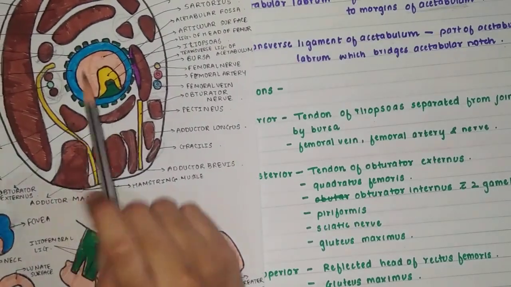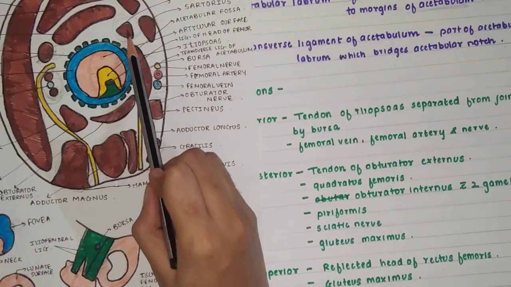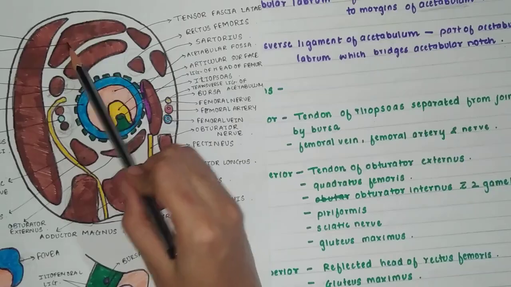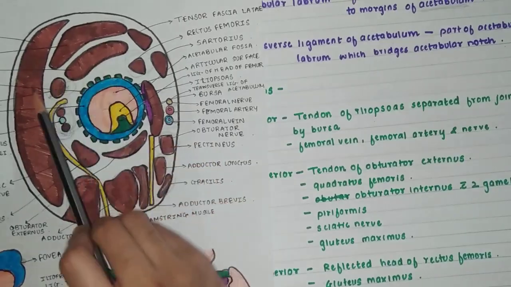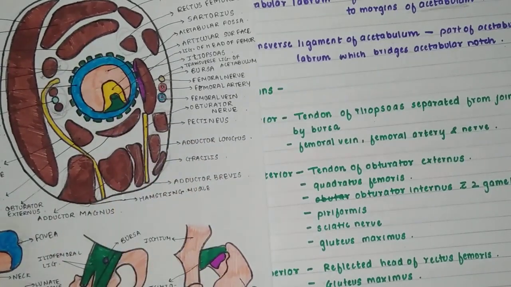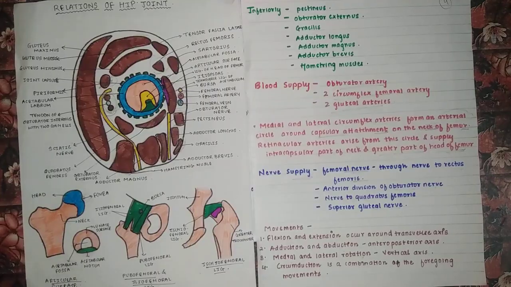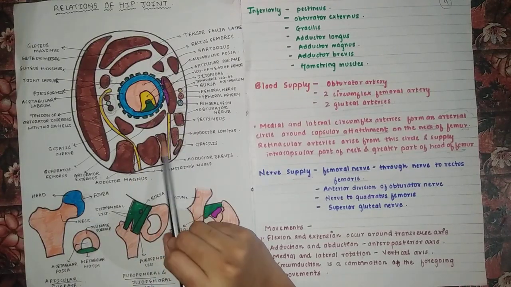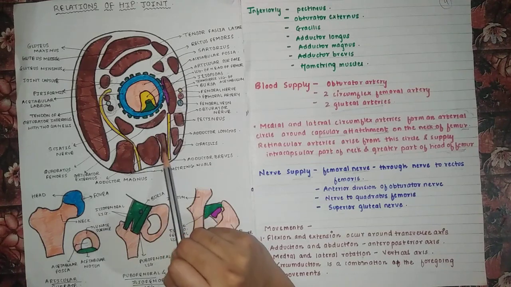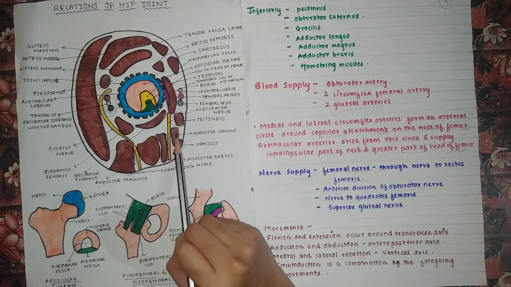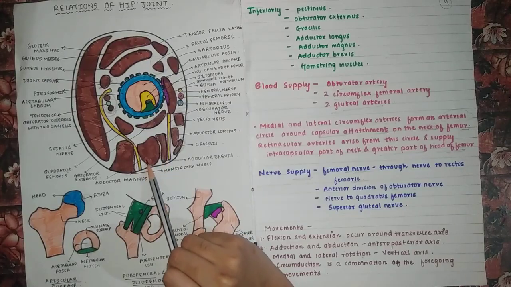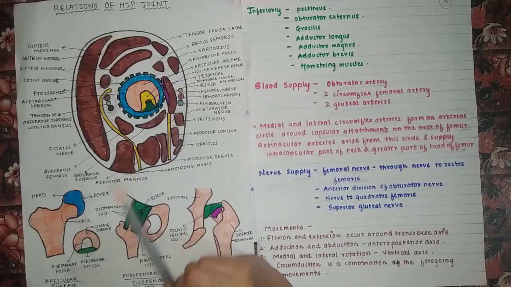In superior relation there is reflected head of rectus femoris, gluteus maximus, gluteus medius and gluteus minimus. Inferiorly there is pectineus, obturator externus, gracilis, adductor longus, adductor brevis, adductor magnus and hamstring muscles.